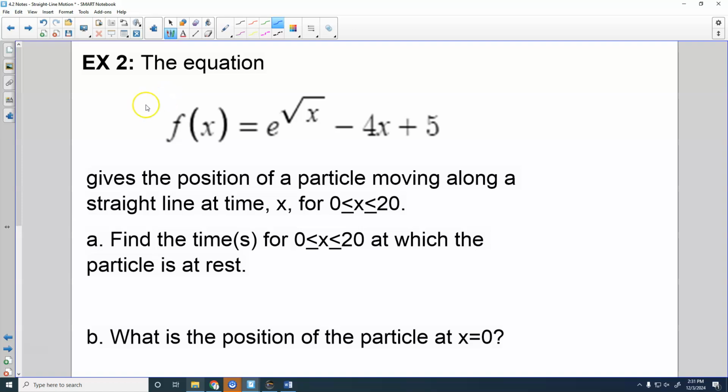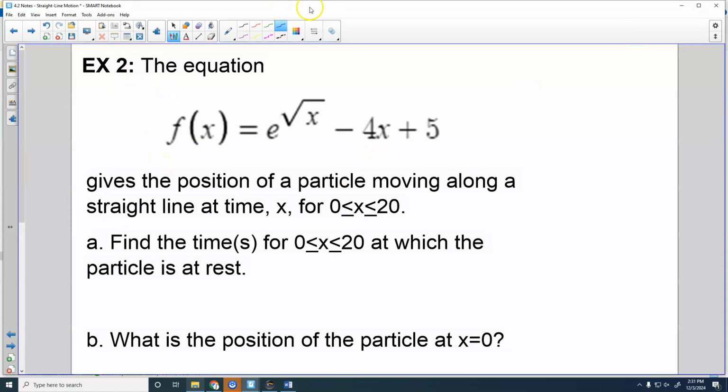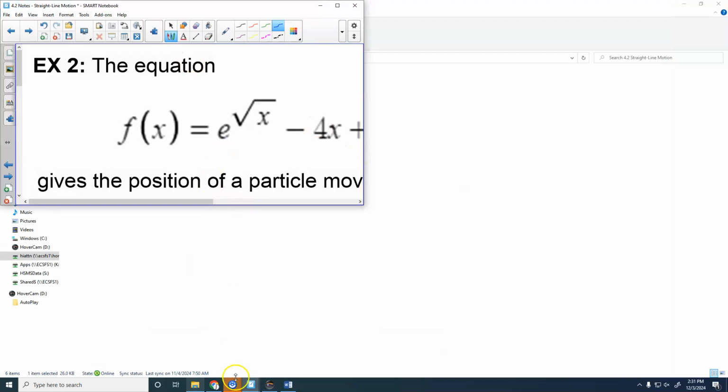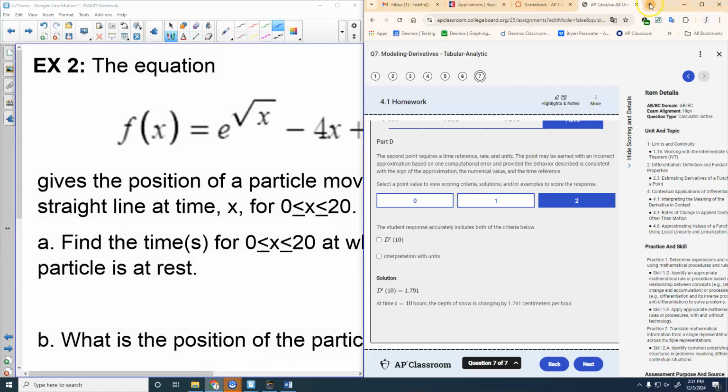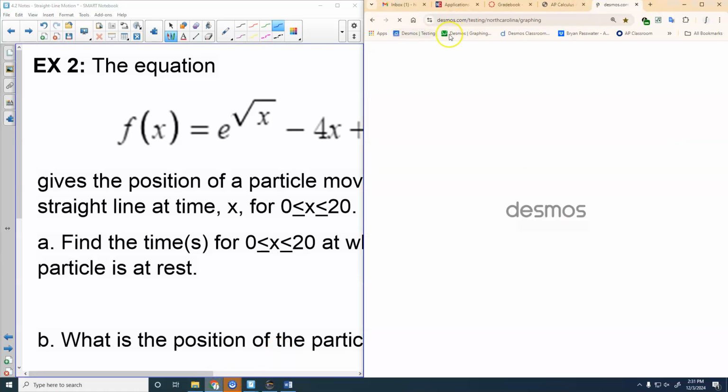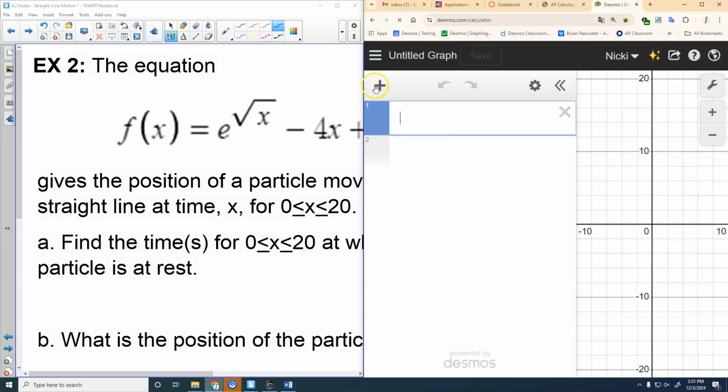All right, so this one is a calculator active question. If you have Desmos pulled up, we'll look at it. I'm going to pull up the regular Desmos.